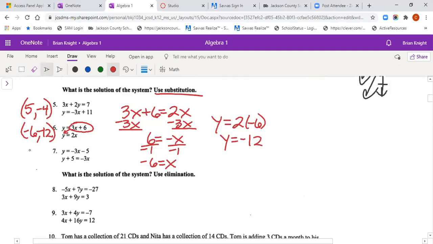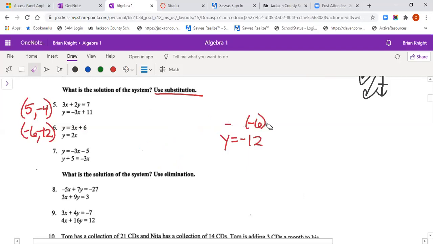Number 7. Need an edit button. For 7, I'm going to take, again, the top, what y is, and plug it in for y in the other equation.